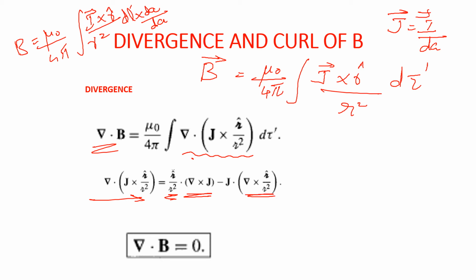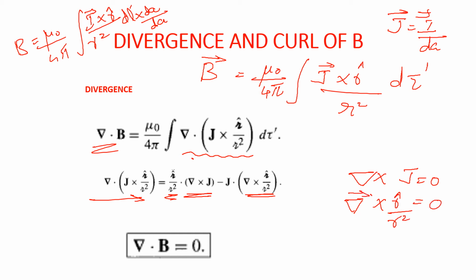But we know that for steady currents del cross J equal to 0 because J does not depend on the variables x, y and z. And del cross r cap divided by r square is also equal to 0.